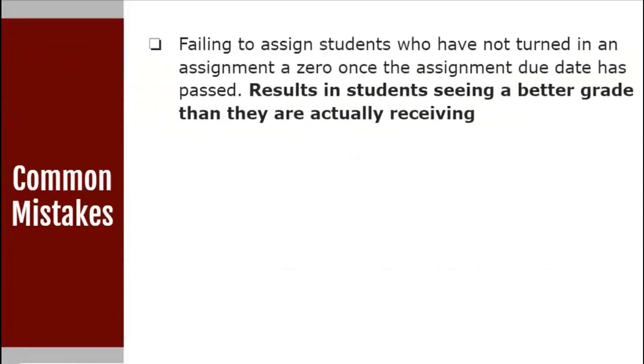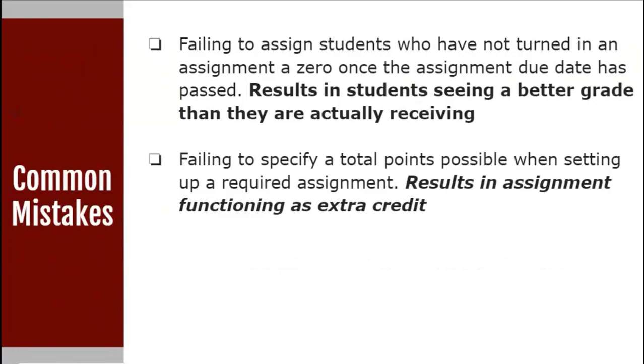So another thing that can also occur is that if you did not put a 0 for a missing assignment, students will see an average that's significantly higher than their actual grade. And we know that then that leads to students being unpleasantly disappointed, and then a mess that has to be sorted through.